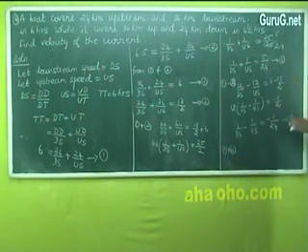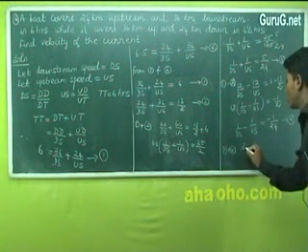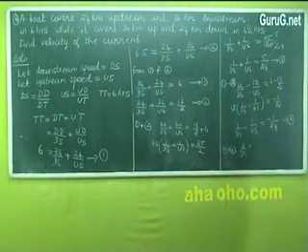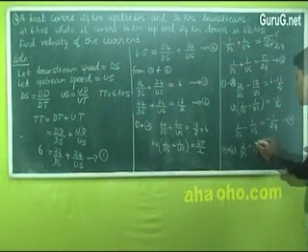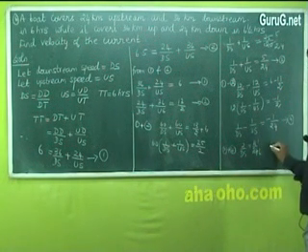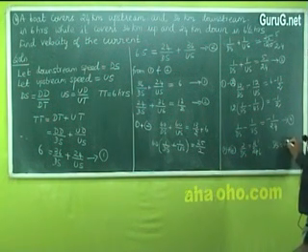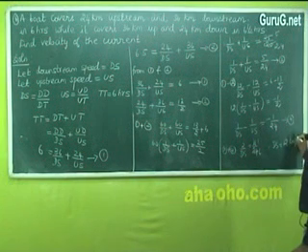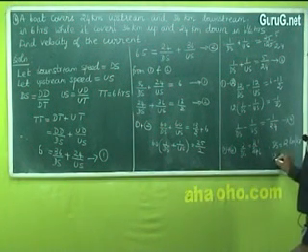Now add 3 and 4. If you add 3 and 4, you will get the value of ds. That is 2 by ds is equal to 6 by 24. Therefore, downstream speed is equal to 12 km per hour. What is the upstream speed then?